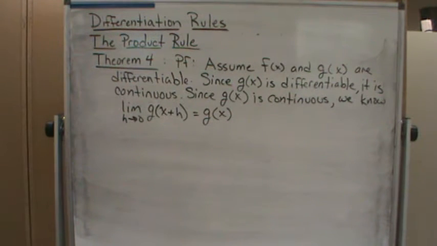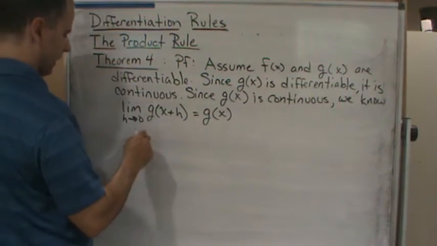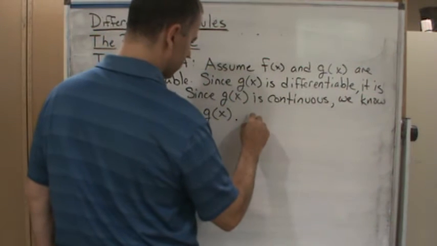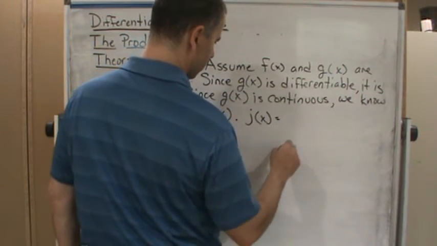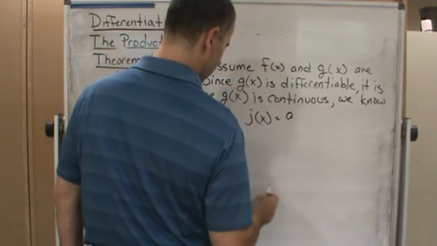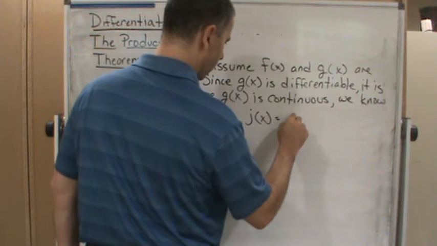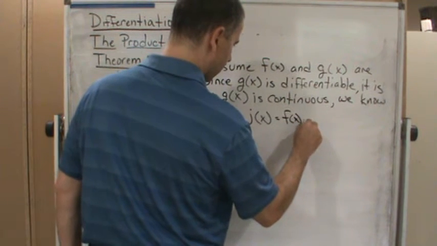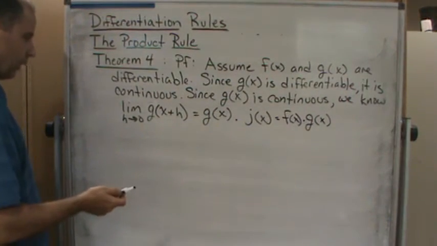Now, by applying the limit definition of the derivative to the product, this is how we're going to do it. So again, this is going to be key here. So now what we're going to do is we're going to take, again, let's define j of x is equal to f of x times g of x. Okay, now, here we go.